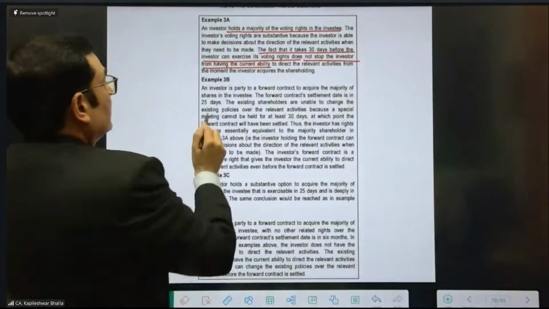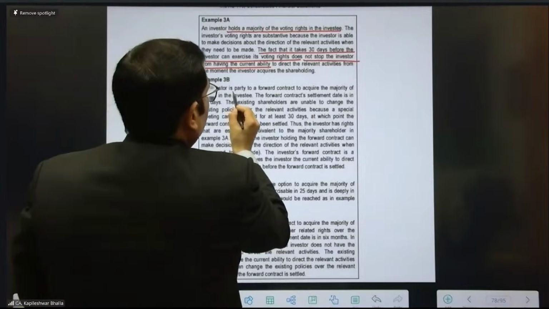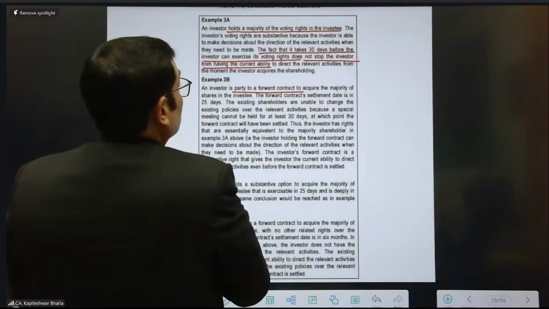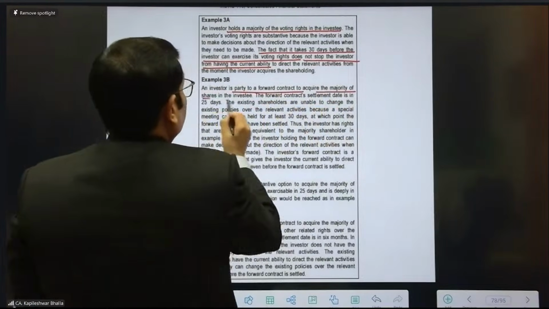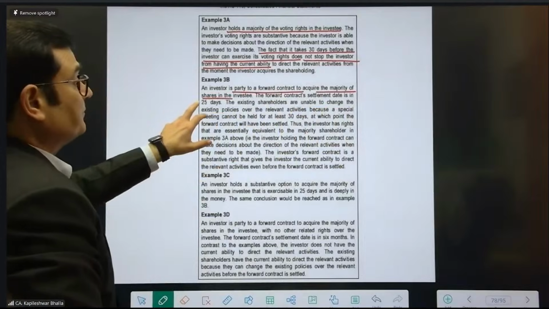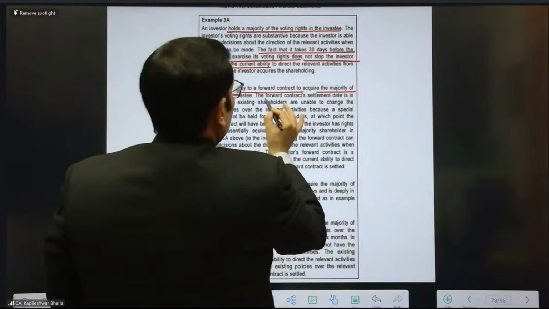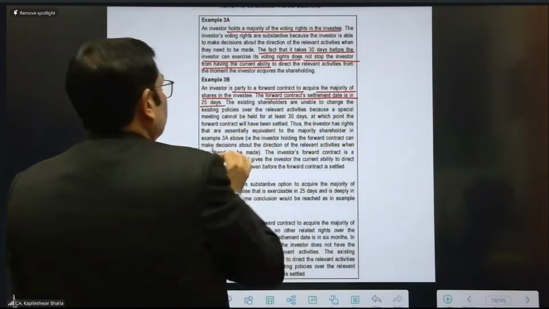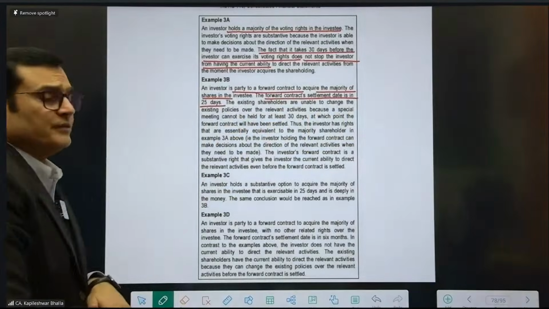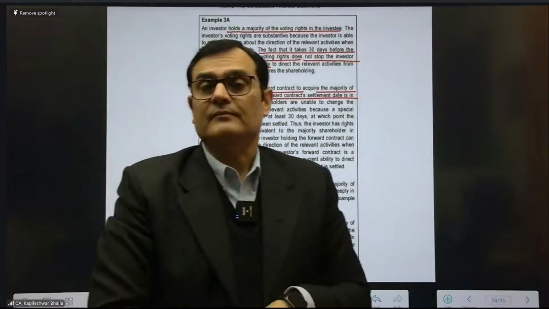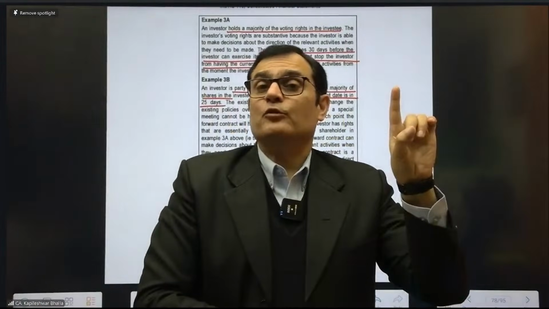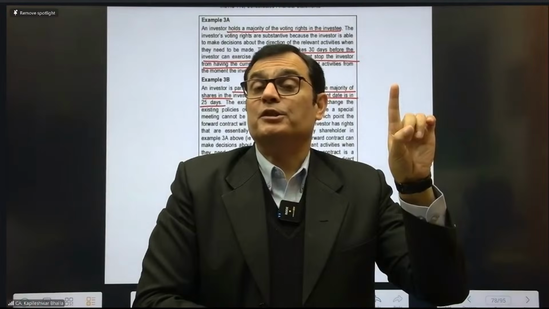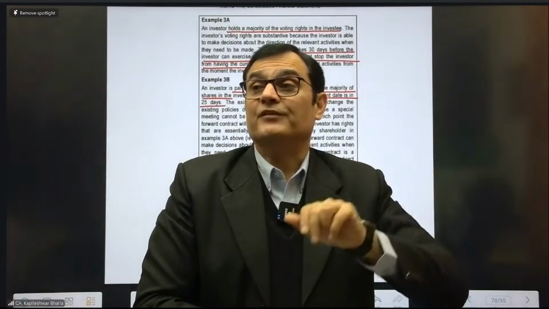Next, it says the investor is a party to a forward contract to acquire majority shares. Now that's an existing right. The contract is going to be settled in the next 25 days. Do you get power? Yes or no? You're a party to a forward contract to acquire majority shares, and the settlement will be in 25 days.